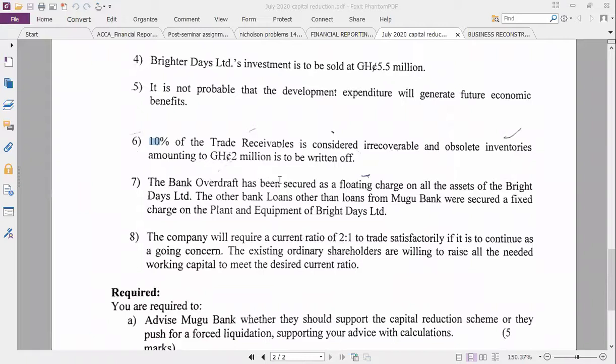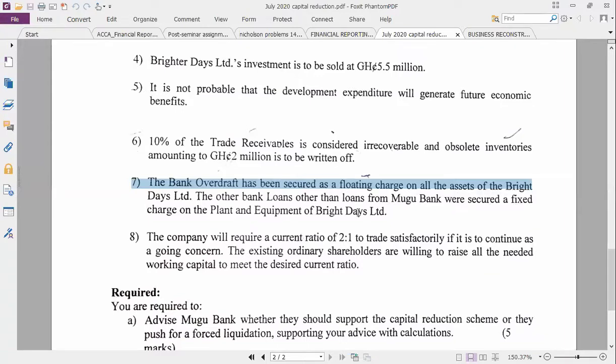The bank overdraft has been secured as a floating charge on all the assets of Brighter Days Limited. The other bank loans, other than loans from Mugu Bank, were secured as fixed charge on plant and equipment of Brighter Days.